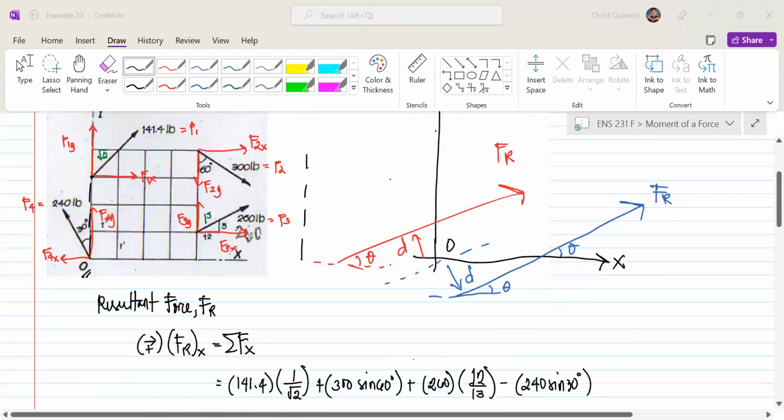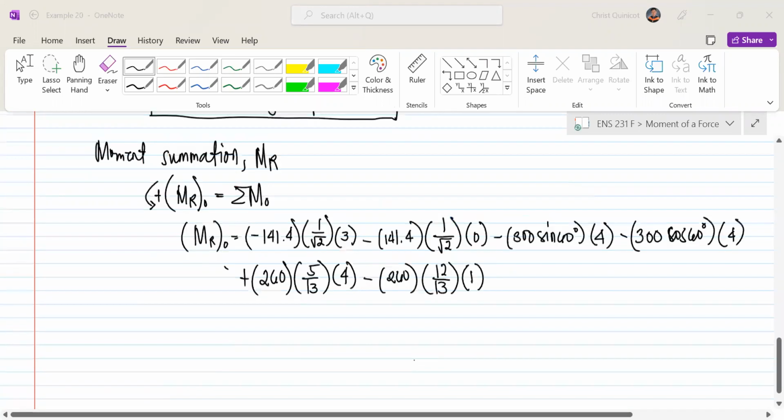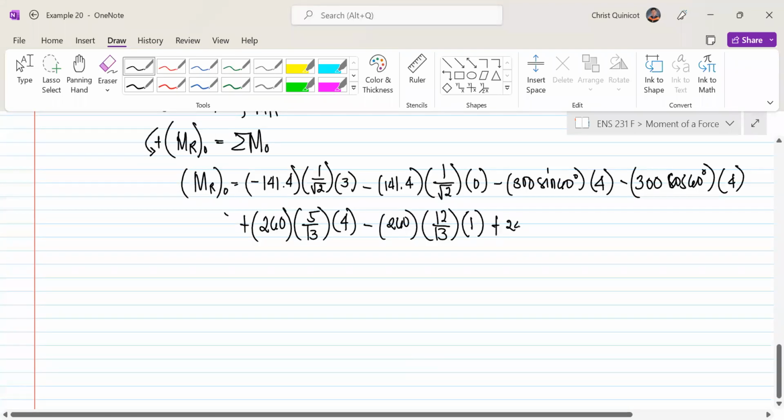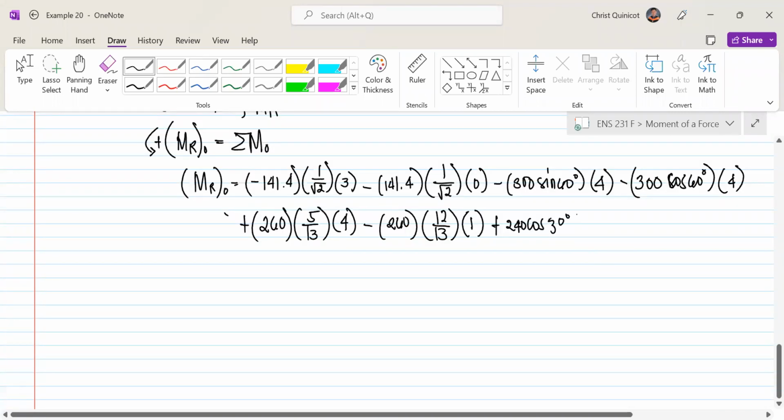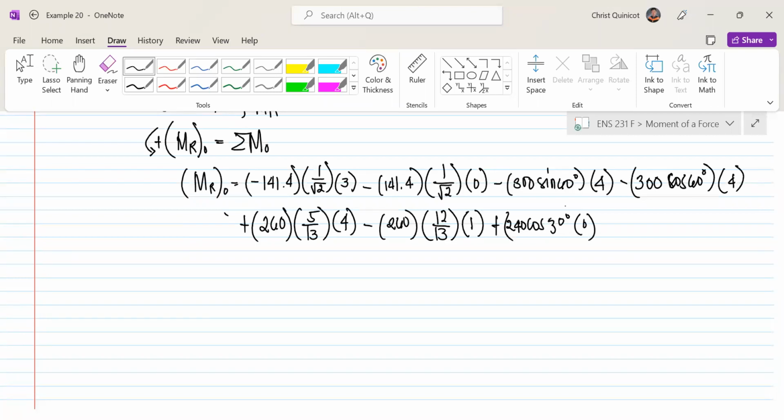F sub 4 is 240 cosine 30 times 0, and then plus 240 sine 30 degrees times 0. Like I said again, you do not need to write these three forces. These ones, this one, and this one. Okay.